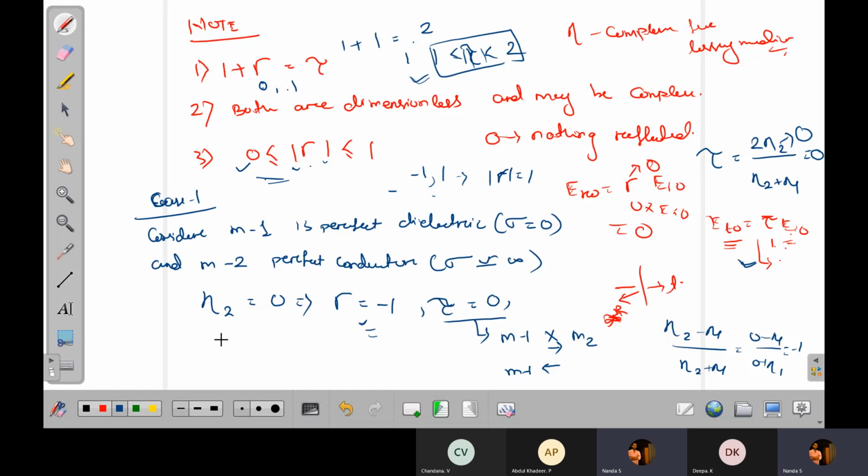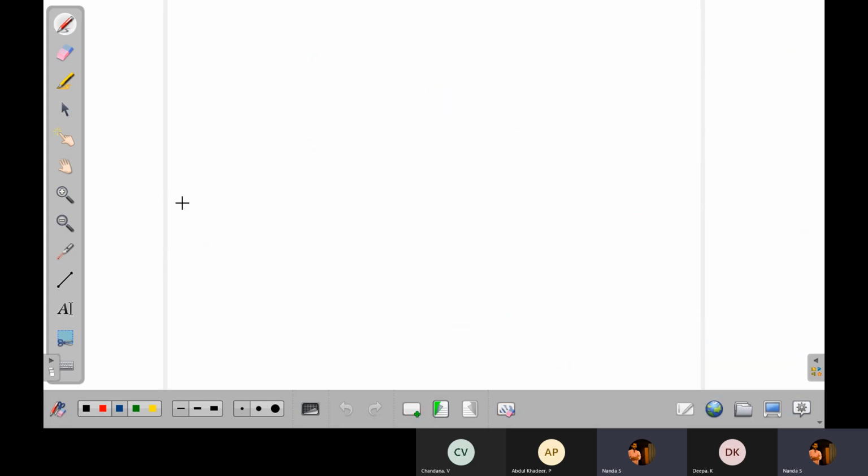Here medium 1 is air, which we consider a perfect dielectric, although it is not exactly, and medium 2 is a perfect conductor. Considering this case, we can say why inside a lift no signal comes.